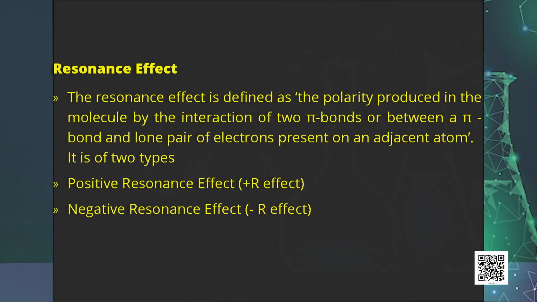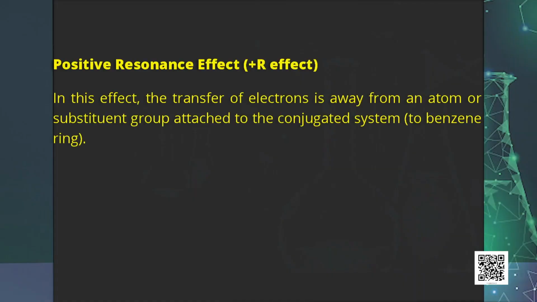There are two types of resonance effect: positive resonance effect and negative resonance effect. In positive resonance effect, the transfer of electrons is away from an atom or substituent group attached to the conjugated system, like a benzene ring.